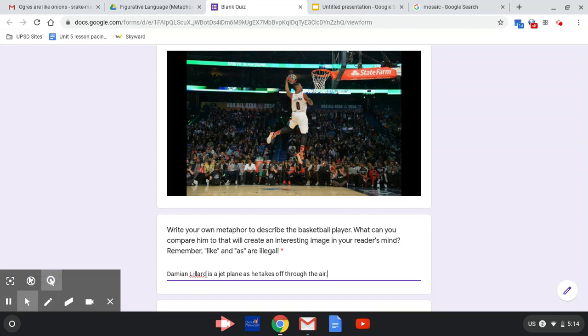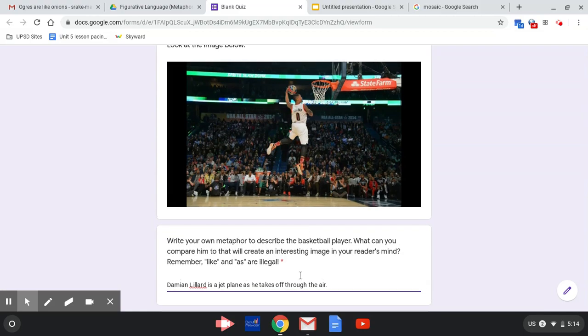Now notice I didn't say that Damian Lillard is like a jet plane or he flies as high as a jet plane, because like and as are illegal. I'm just saying he is a jet plane. Is he actually? No, but when I describe him as one, it creates a really descriptive picture for our reader.